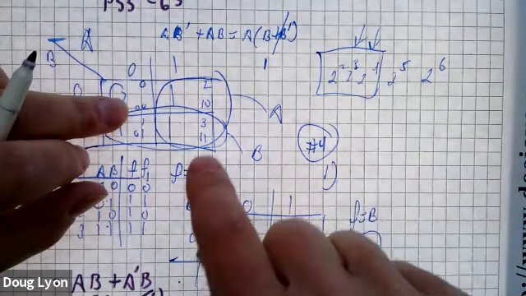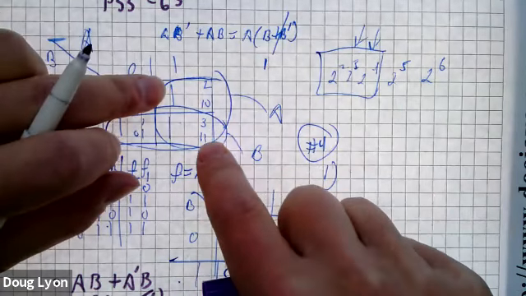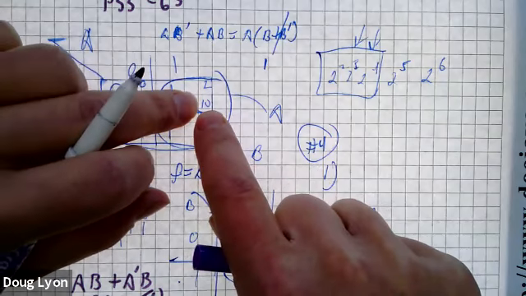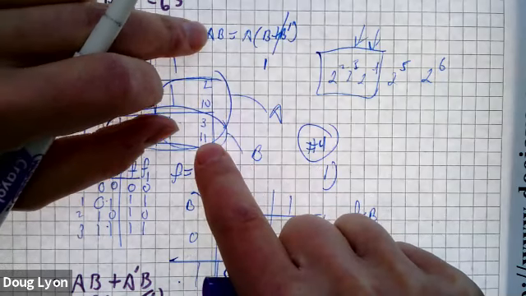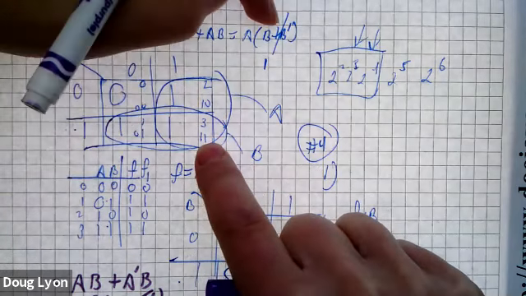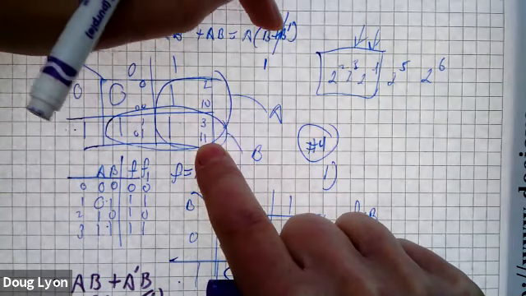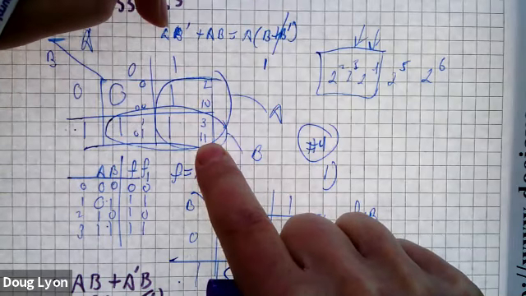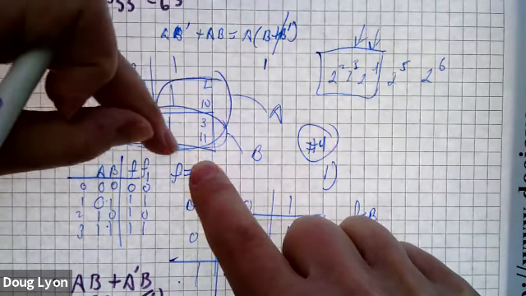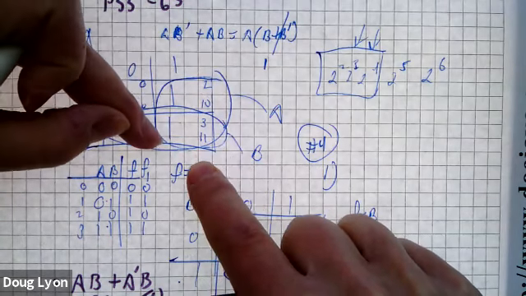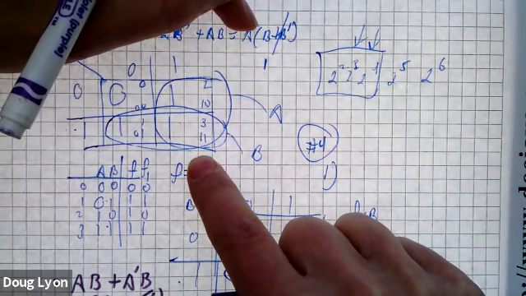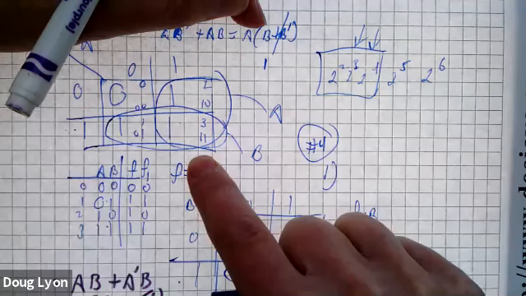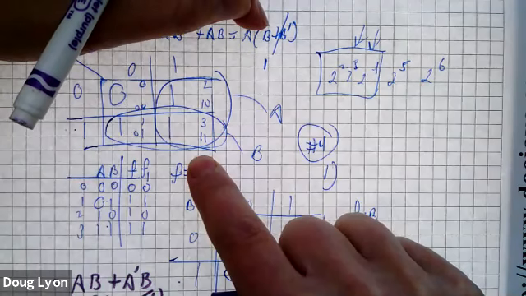And when we loop, for example, from here to here, we're looping A B prime and A B. And what we're doing is canceling out B or B prime by factoring out A. So this looping is a graphic correspondence to a Boolean algebraic simplification. And that Boolean algebraic simplification enables me to quickly come up with a minimal form.